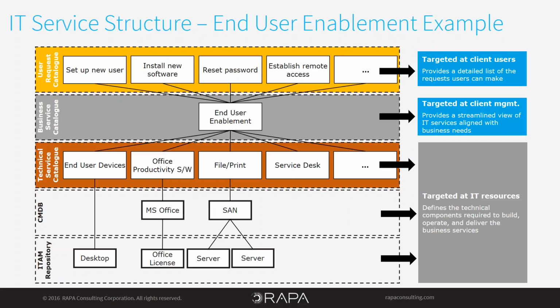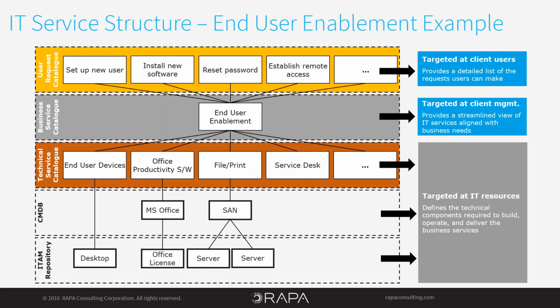But the end user enablement is made up of then a bunch of technical services that would be in a service catalog about the different things that we do as an IT organization to support that service. And I say as an IT organization, but actually you could then see easily how certain of these components could be outsourced.